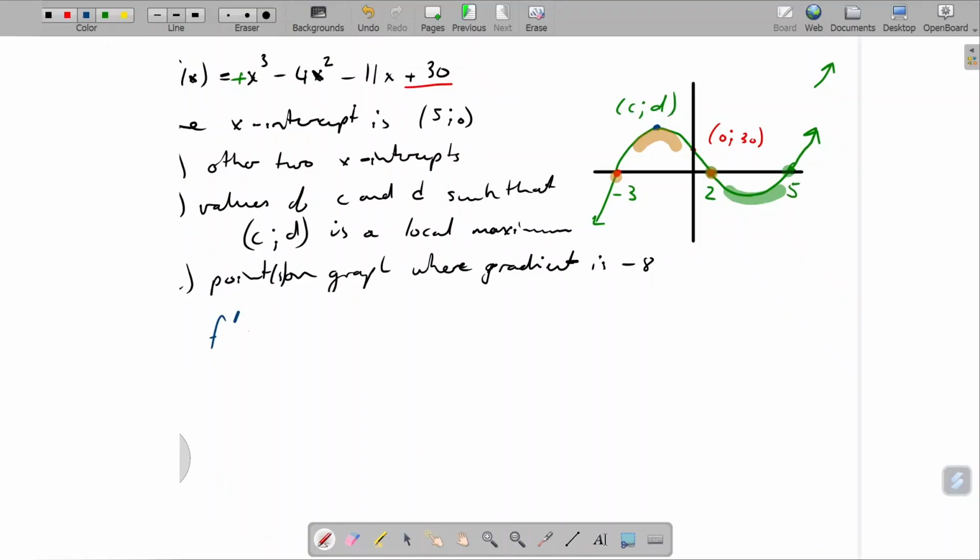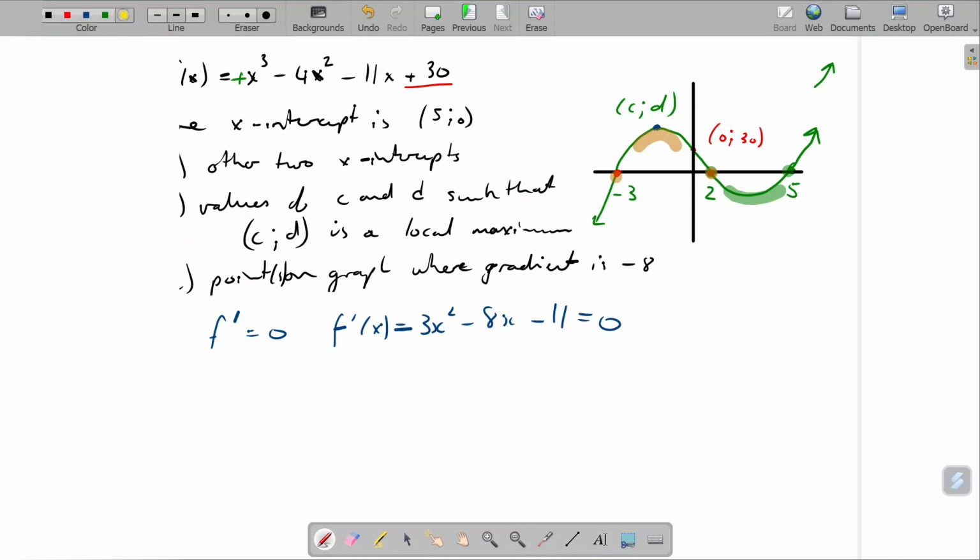We have said before that to find a local maximum, what we need to do is find the first derivative and make it equal to naught. So again, let's do that. F prime of x for this particular function will be 3x squared minus 8x minus 11, and we need to make that equal to naught.